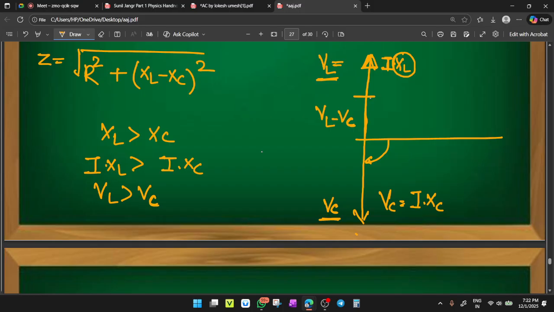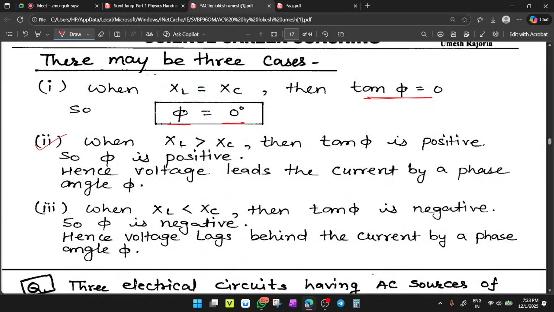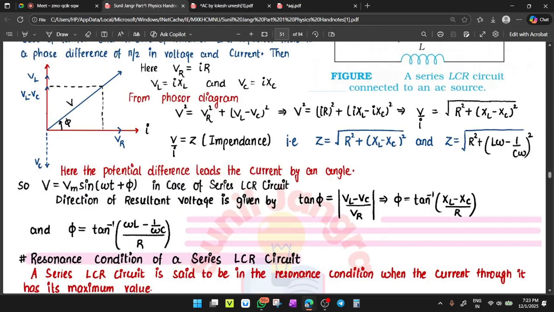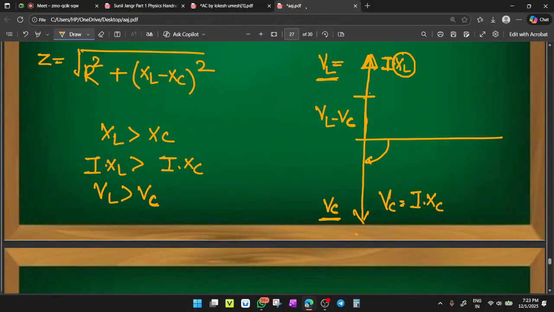So this time your circuit will be an inductive dominated circuit. When XL is greater than XC, then tan phi will be positive, because the resulting voltage will be like this. Check here, this will be your parallelogram, and your resulting voltage will be like this.